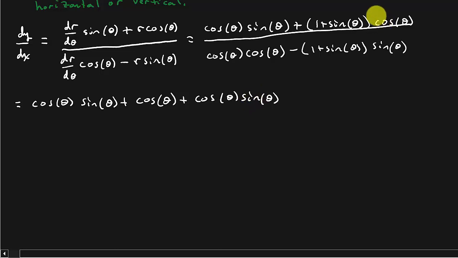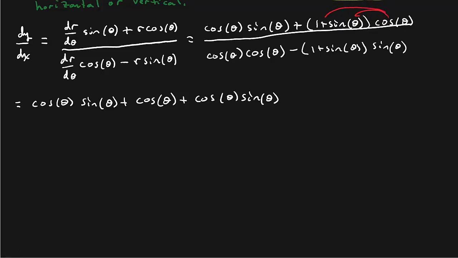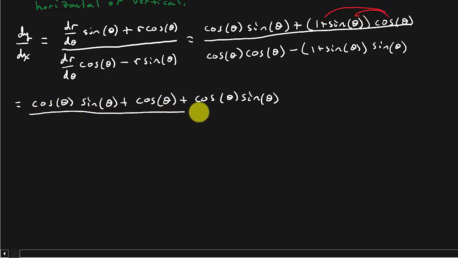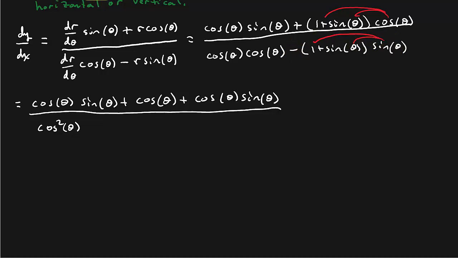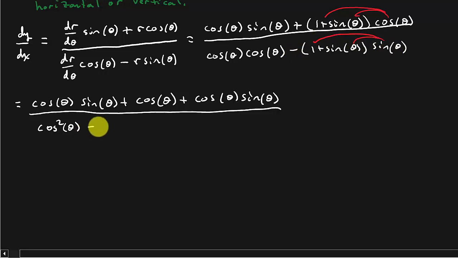So all I did here is I just distributed that. And this is over, well, that's going to be what? Cosine squared theta. Okay. And then I'm going to distribute this. Once again, I'm going to distribute the sine here, but remember it's negative sine. And so that's going to be minus sine theta minus sine squared theta.